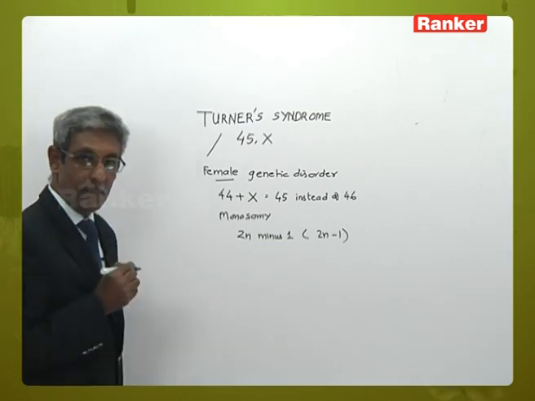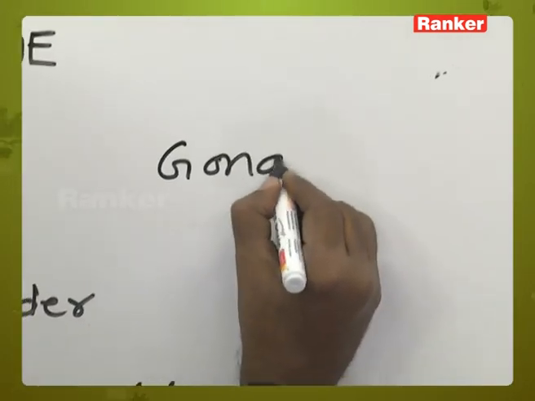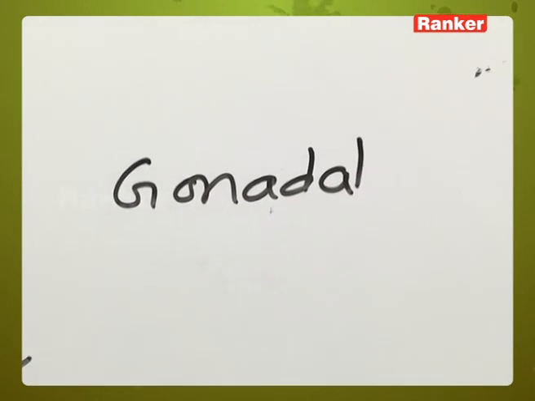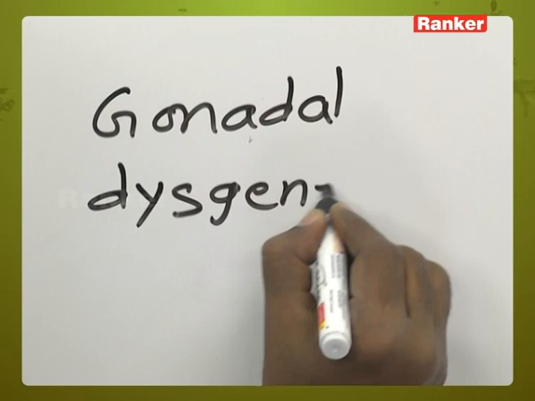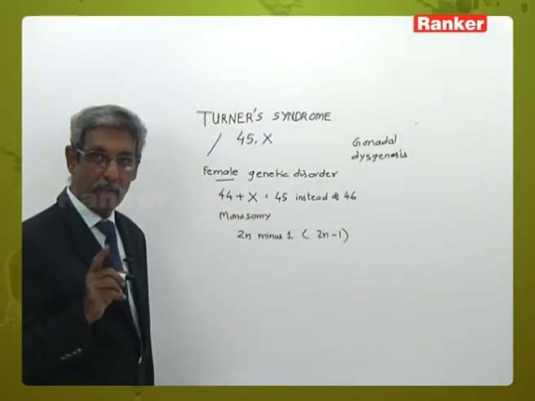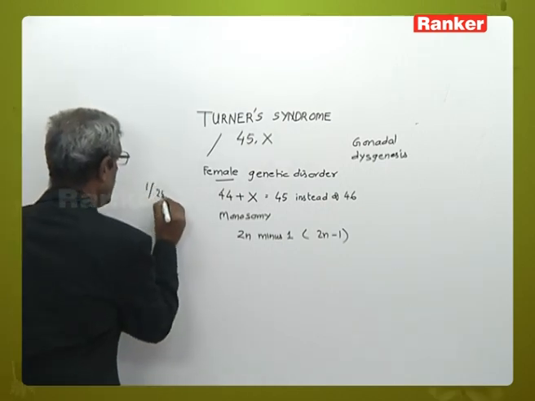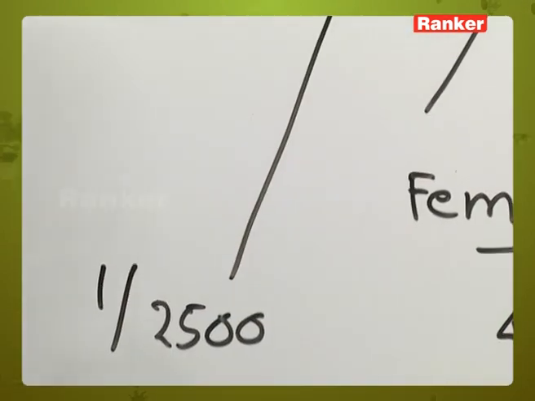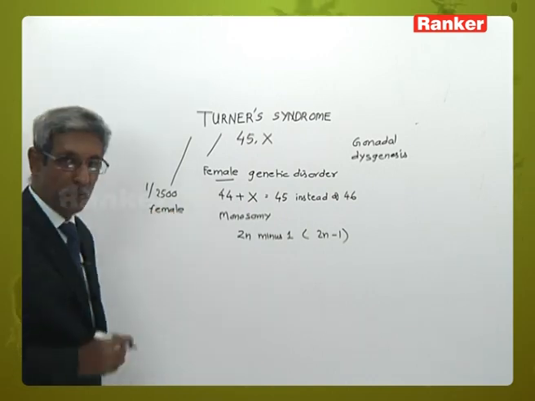The common symptom here is gonadal dysgenesis. And the probability of occurrence of Turner syndrome is 1 in 2500 female births.